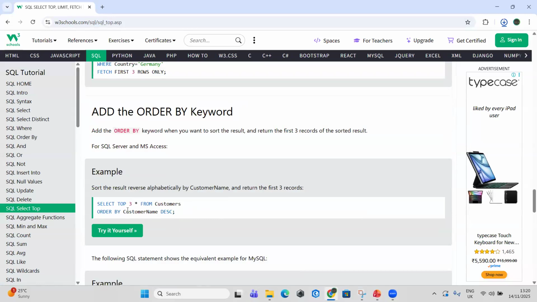For example, this means by customer name descending. So the people with names starting with Z or Y will come at the top this time, right?